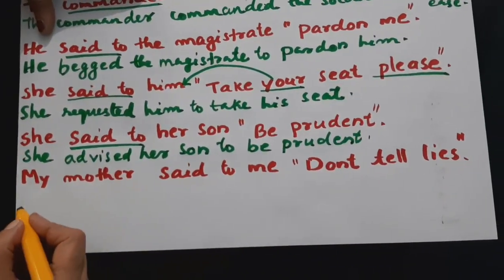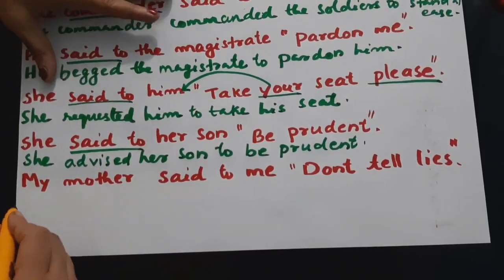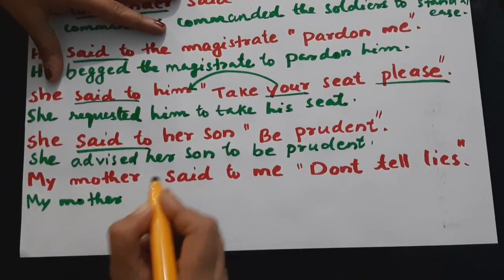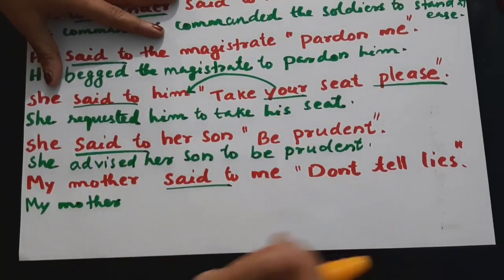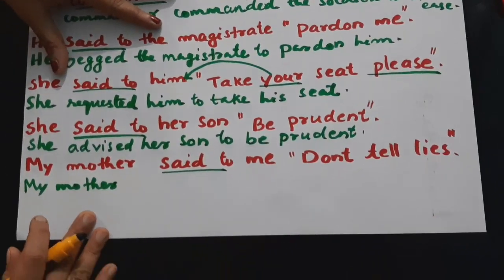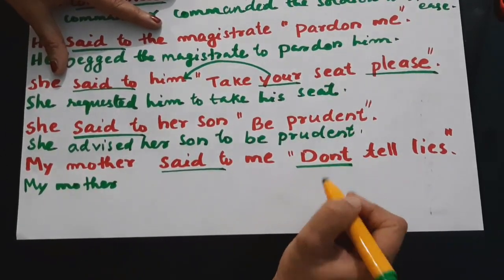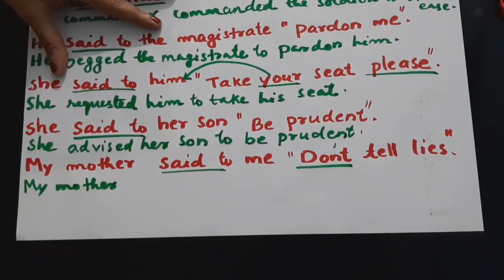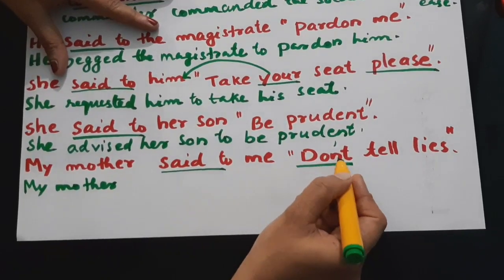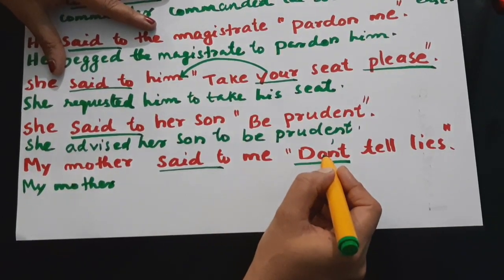Last one. My mother said to me, don't tell lies. Okay, who tells to whom? My mother said to. See, here again, it's an advice. But note that this is a negative sentence. Don't, do not, isn't it? Since it is a negative sentence and it starts with don't, you have to use not to instead of to.